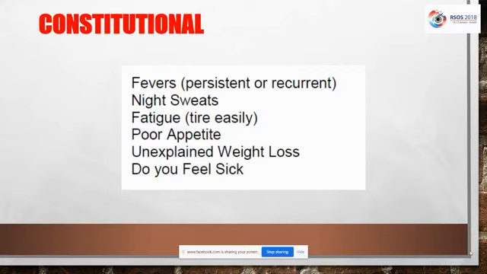Also the general condition of the patient: is the patient severely ill, like in those patients with autoimmune disease, or chronic illnesses, or cancer, or suspected tumors. So this is very important to be excluded.